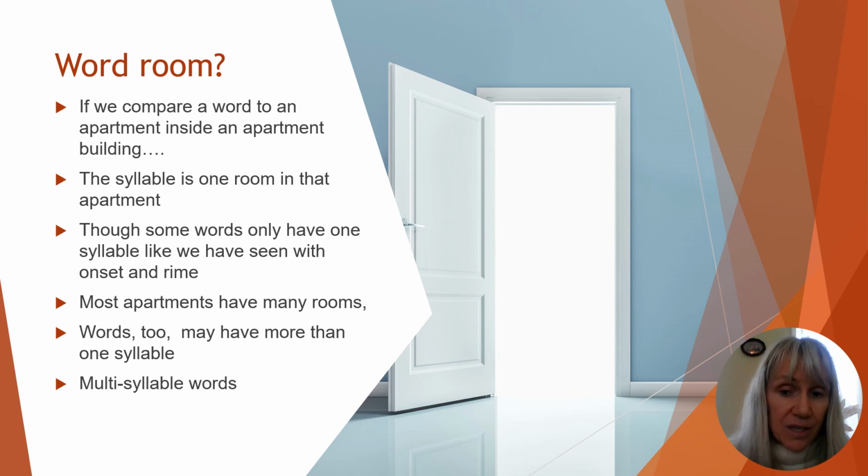And we call these multi-syllable words. We were dealing a lot with one-syllable words when we talked about onset and rhyme, but now we're going to move to multi-syllable words. Words that have many word rooms, word parts, or syllables.